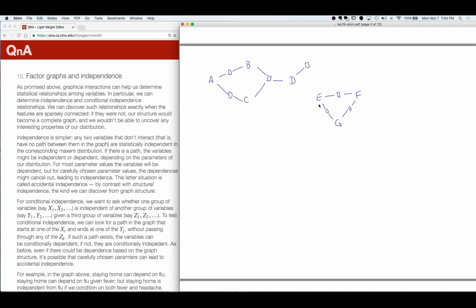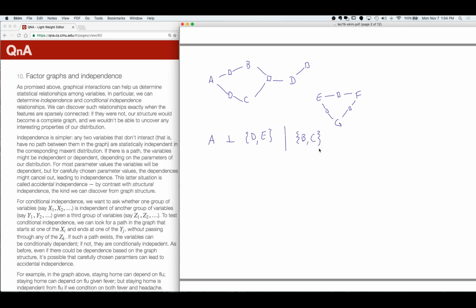The other thing you can do is determine conditional independence. So conditional independence is a little bit more complicated. Just the question that we want to ask is a little bit more complicated. So in particular, we could ask something like, is A independent of the set D and E given the variables B and C?